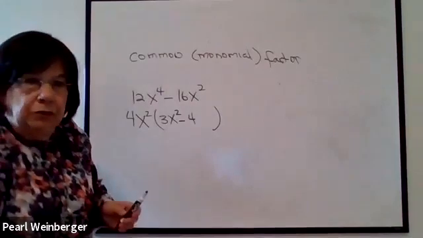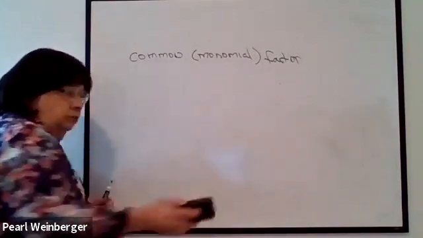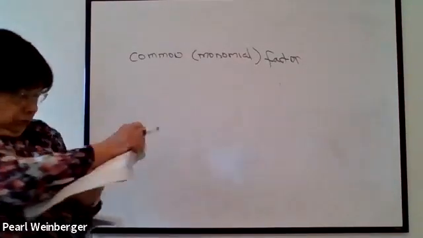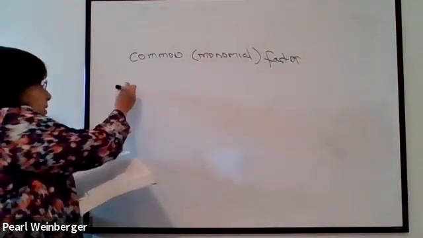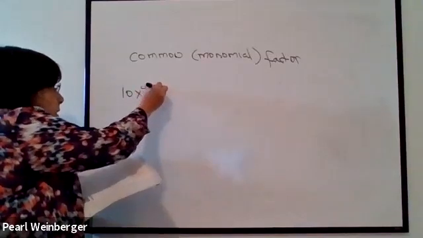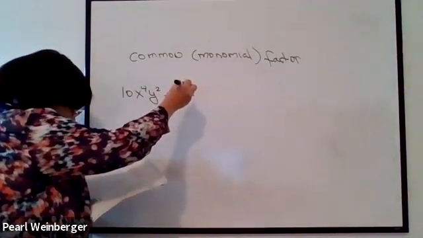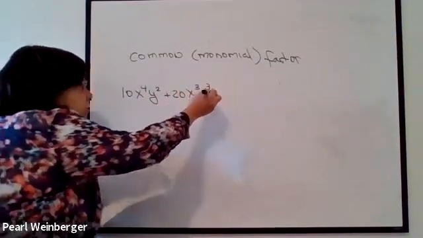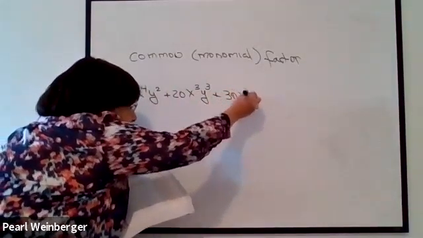I'm going to give you this one to try on your own. Ten x fourth y squared plus 20 x cubed y cubed plus 30 x squared y fourth.